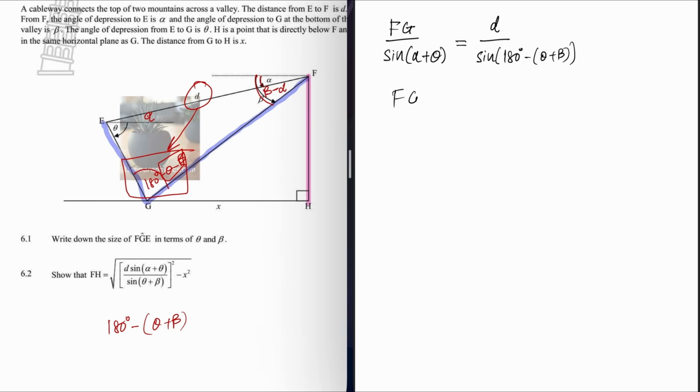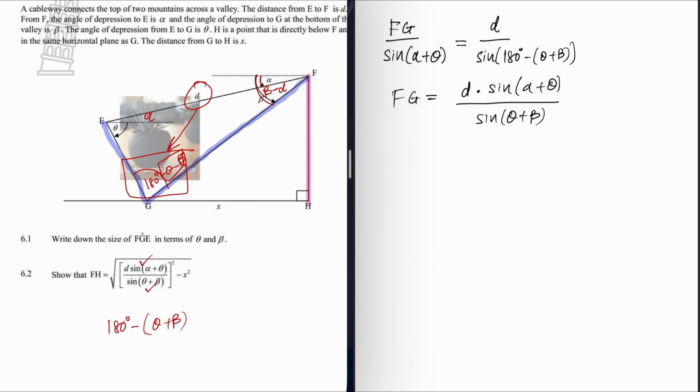So FG is equal to D multiplied by sine of alpha plus theta divided by sine of theta plus beta. Now notice we've already gotten the numerator and the denominator.